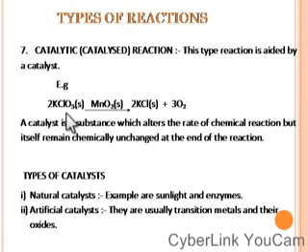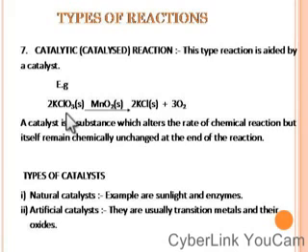Now, the type of reaction that proceeds using enzymes, we have these organic reactions. Most of them proceed in the presence of enzymes. Now, what are enzymes? Enzymes are complex organic compounds that are proteinous.